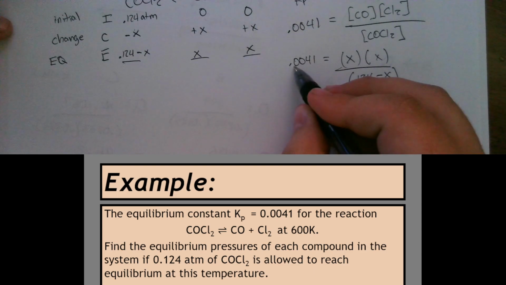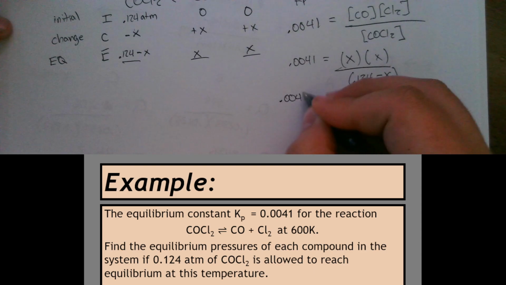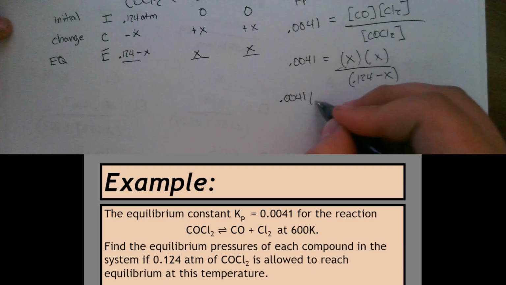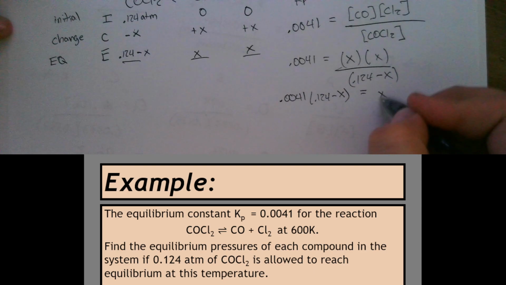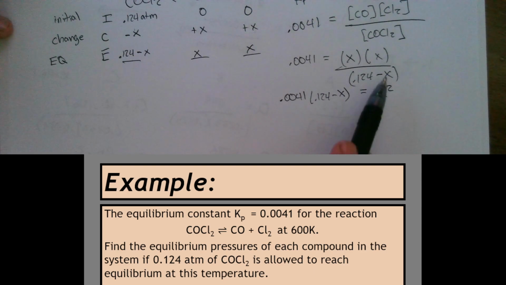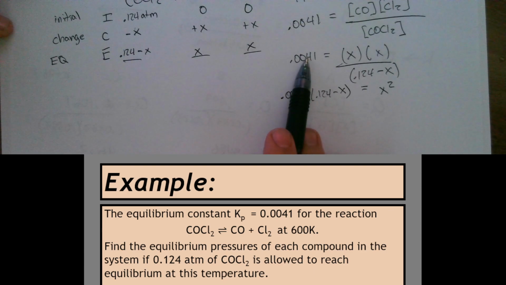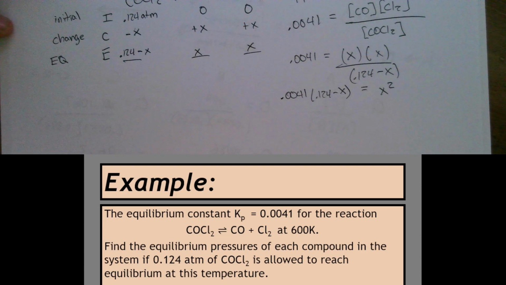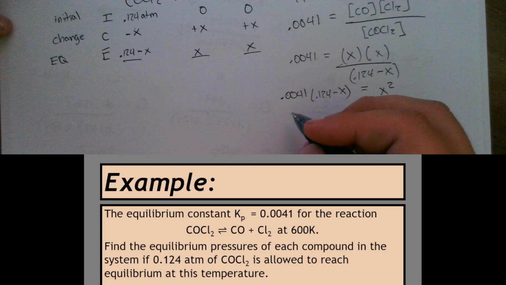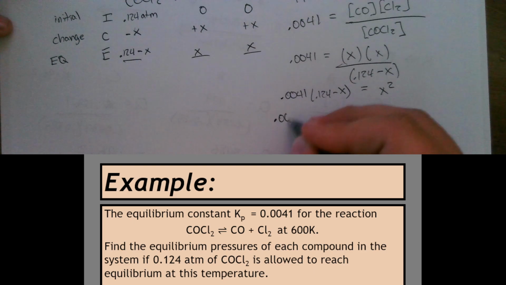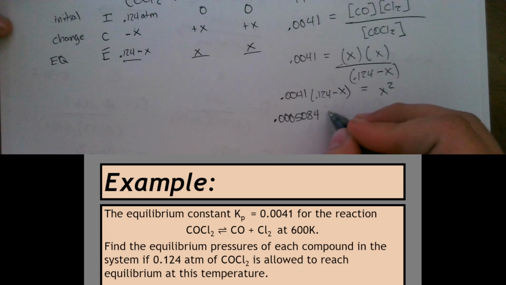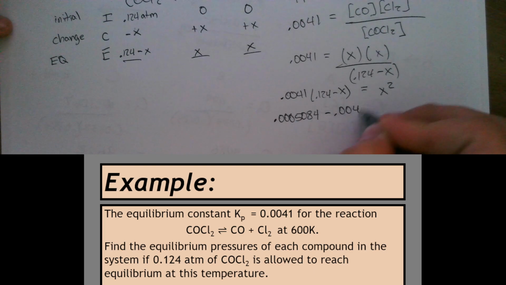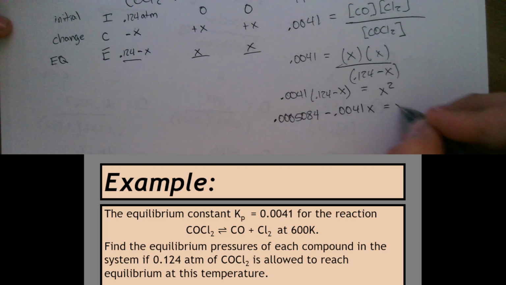Okay. I'm going to multiply this up there to get this on the right side, and I'm going to combine the two x's to get x squared. So I multiplied this, I moved it up here, multiplied the x's together to get x squared. Now I'm going to distribute this number to both of these terms. Get a really small number here, 0.005084 minus 0.0041x equals x squared.